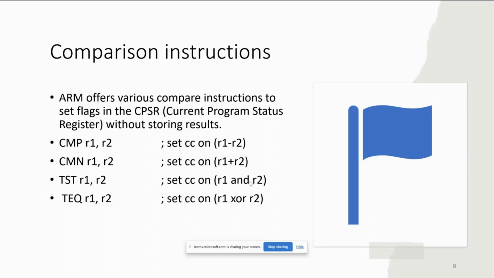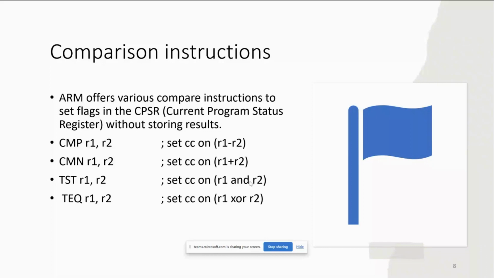Then we can see the values of that CPSR, and then we can know which number is bigger. If we just do compare R1, R2, and the negative bit is high, we can tell the first number is smaller.